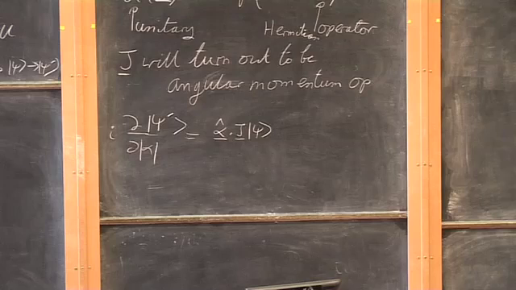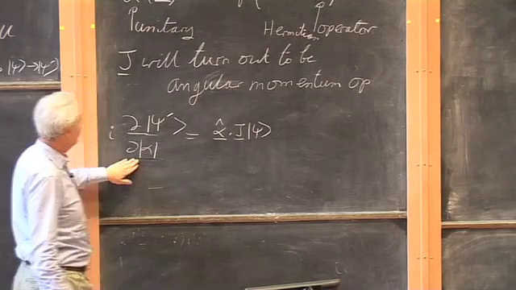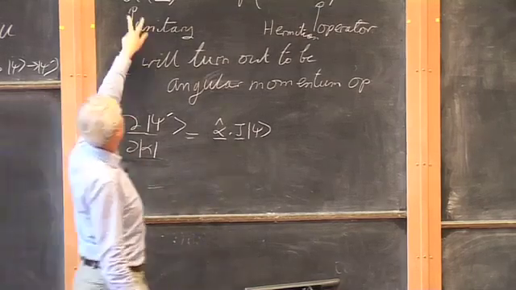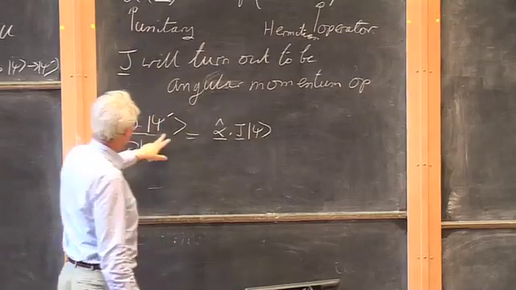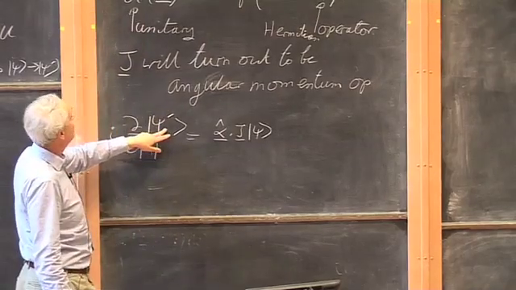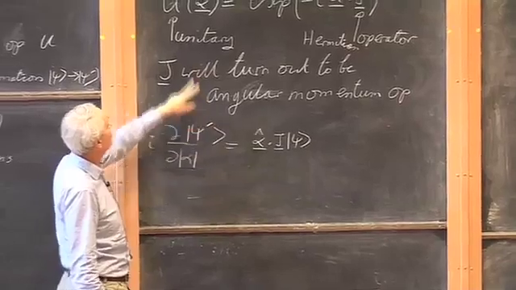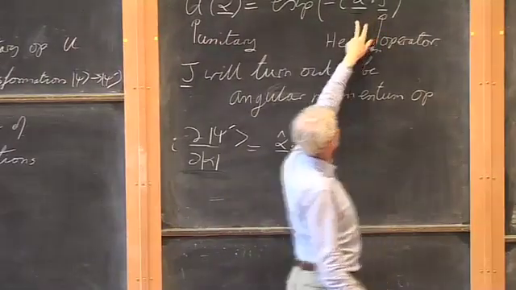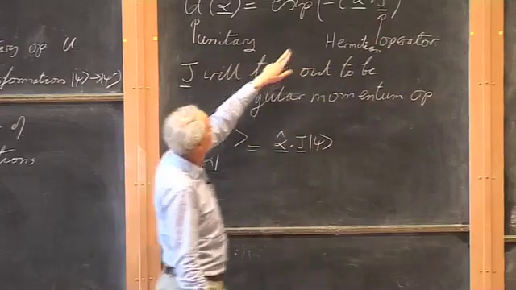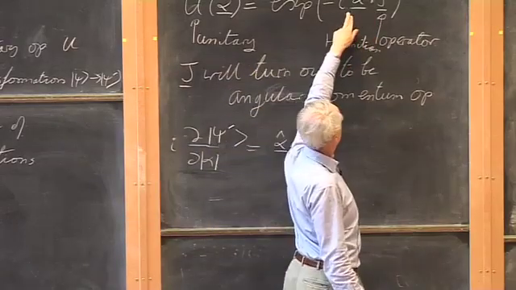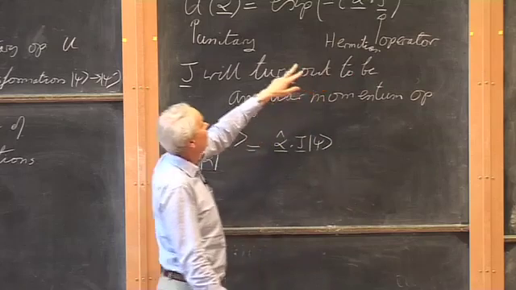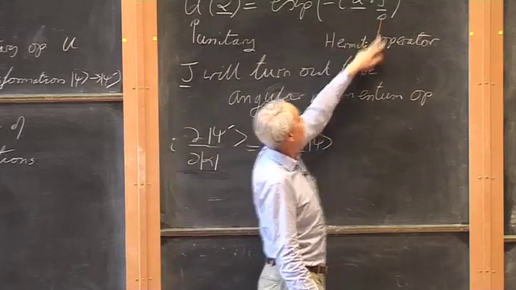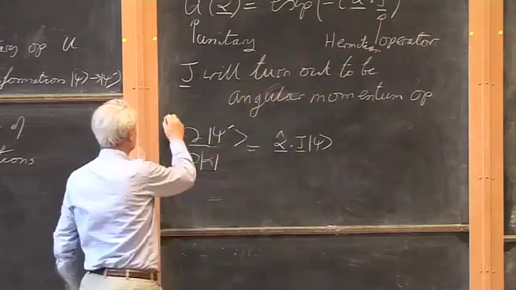You might want to just check the algebra on this. Why is this a function of alpha? Only because this is u, which depends on alpha, acting on psi, which does not. So we're talking about the derivative of this exponential with respect to the modulus of the vector, but this exponential could clearly be written as mod alpha times the unit vector alpha. Do the derivative and you'll find this important relationship here.